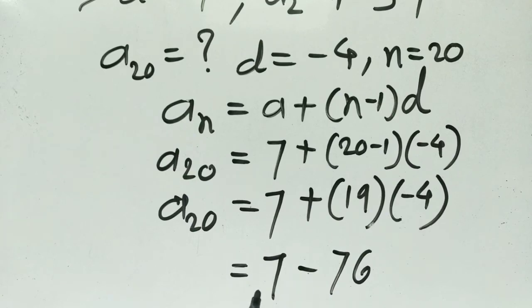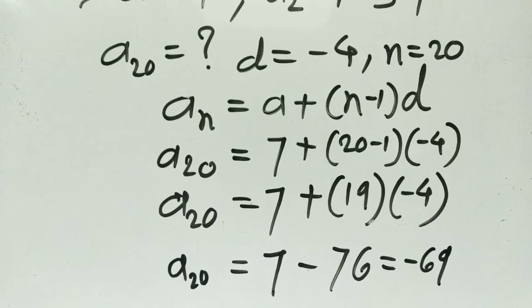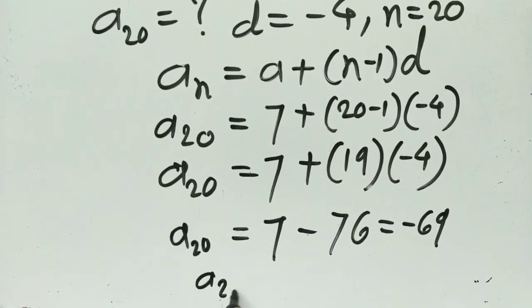So it will be 7 minus 76, and you will get minus 69, which is the required 20th term. So in the next part, you will write a20 is equal to minus 69.